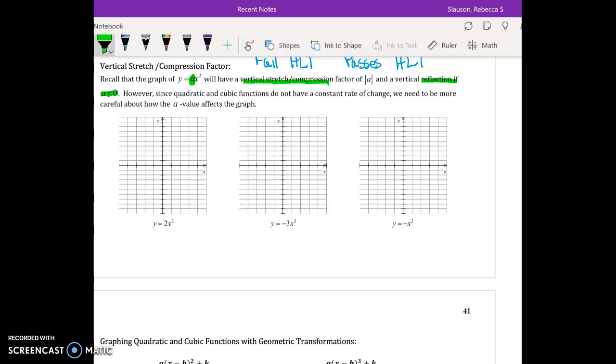So just remember the negative means it flips. If your A is bigger than 1, it will stretch. And if your A is in between 0 and 1, it will compress.